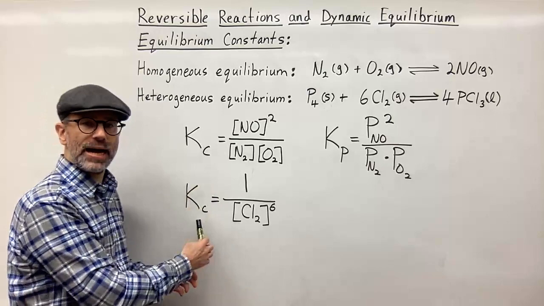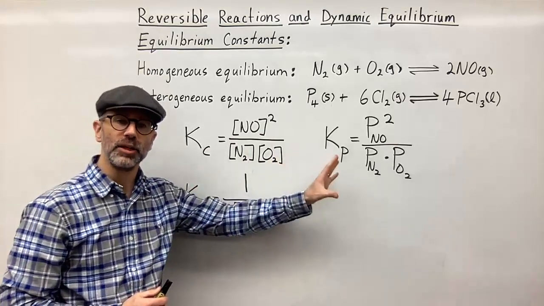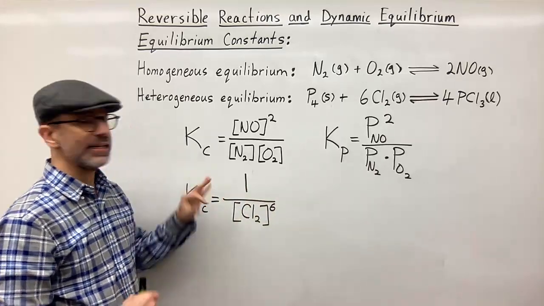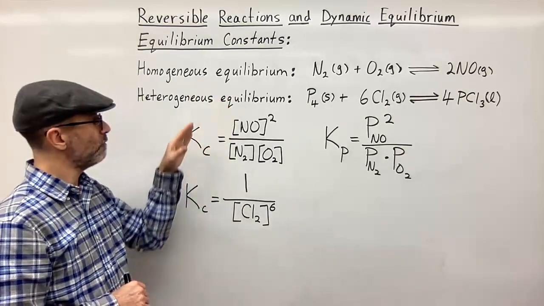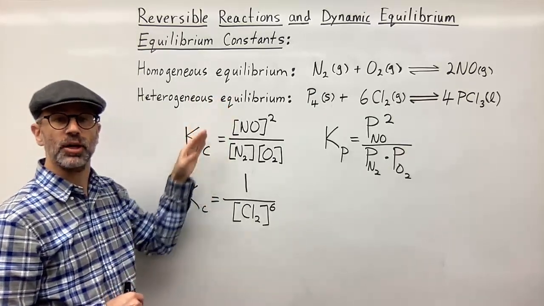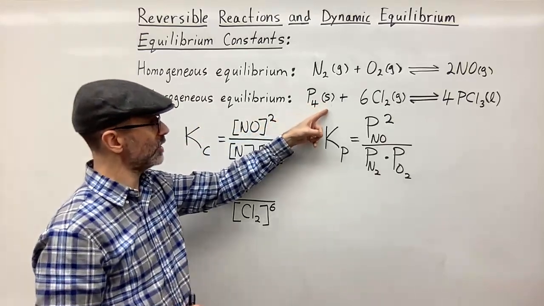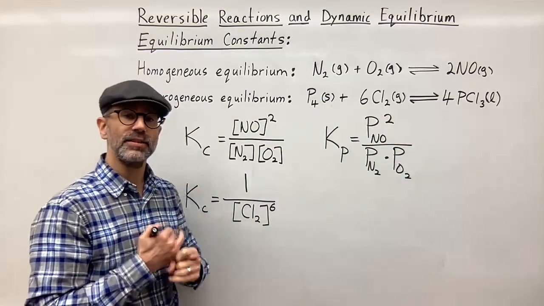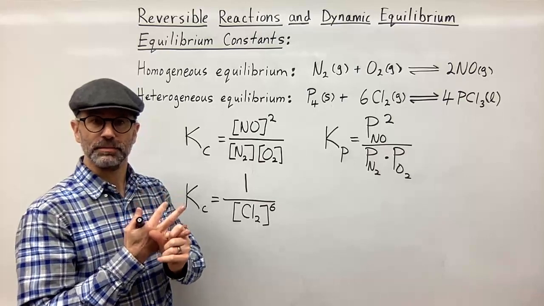And then I could use that to determine, is the equilibrium favoring the products or the reactants. Okay, so that is a distinction between your homogeneous equilibrium versus your heterogeneous equilibrium. For the heterogeneous equilibrium, do not include solids or liquids in the expression. Only gases and aqueous substances.